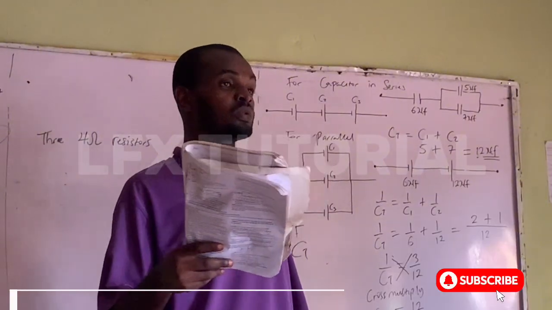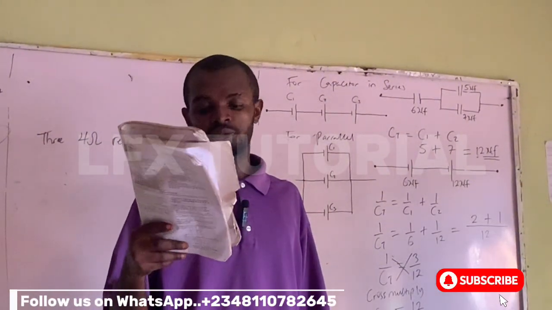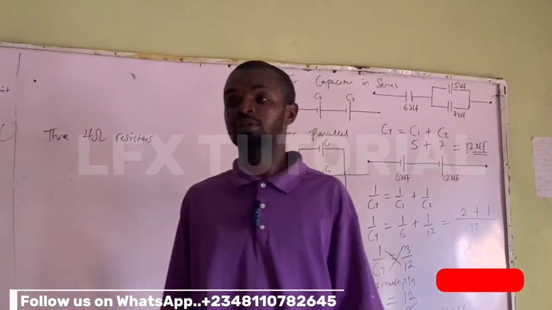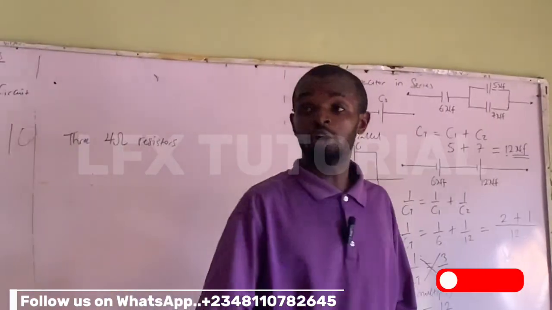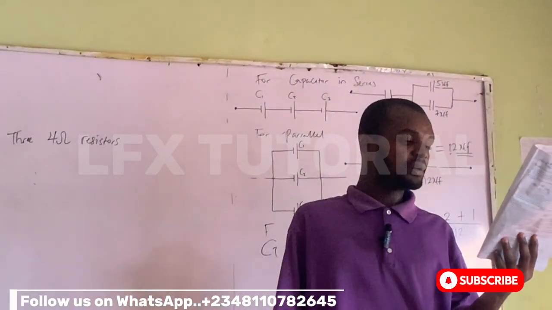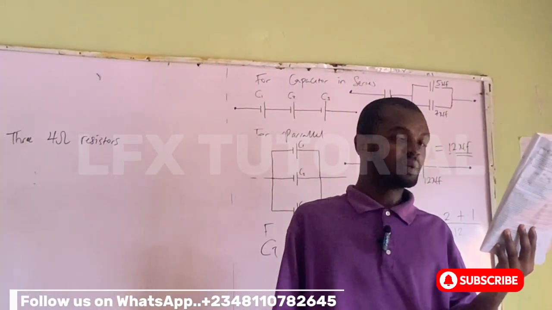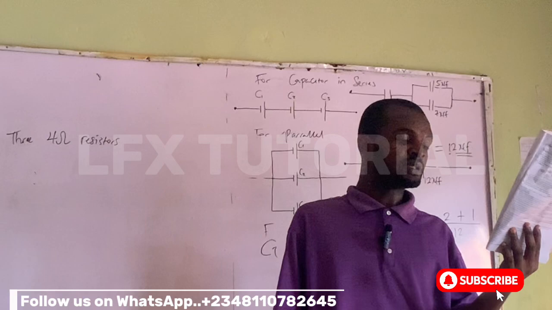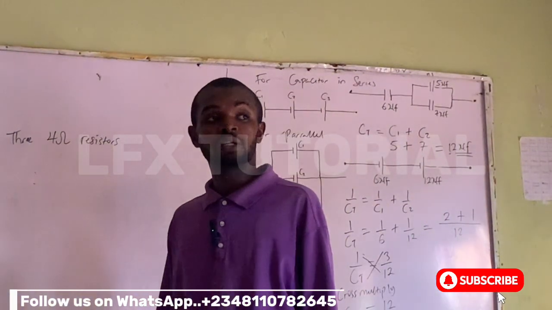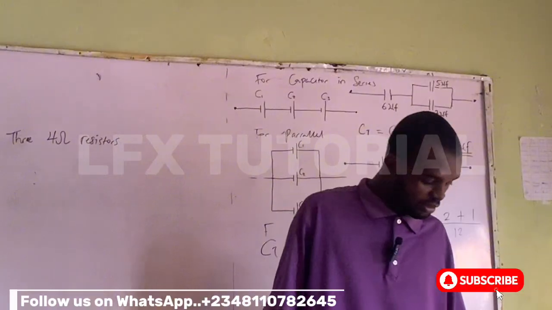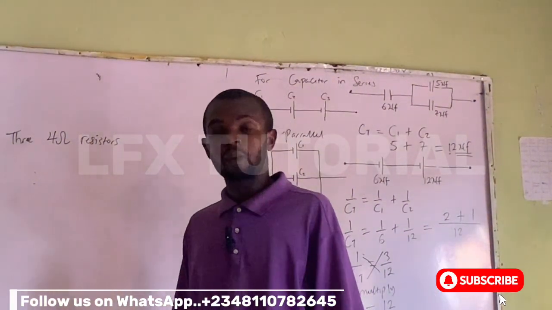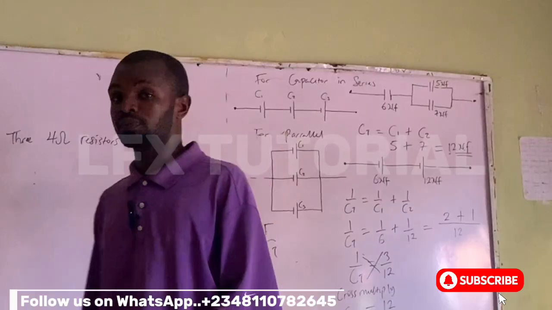What is the total current in the circuit? Should I call the options? A 3A, B 2A, C 5A, and D 4A? 3, 2, 5, 4. Total current.